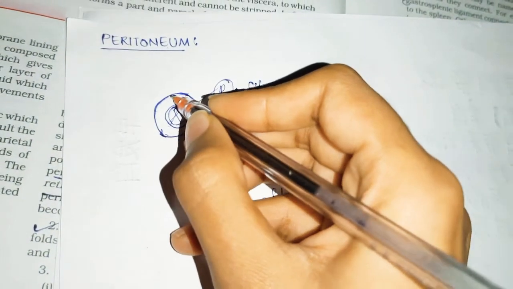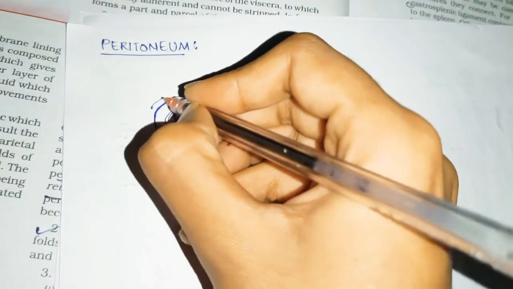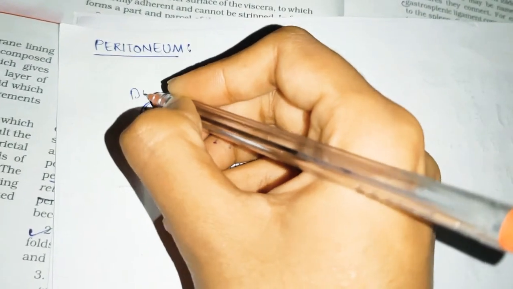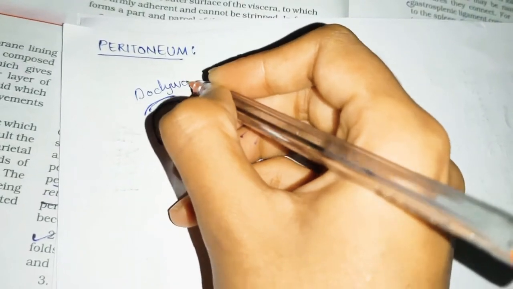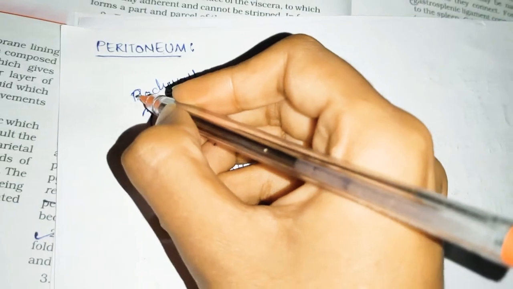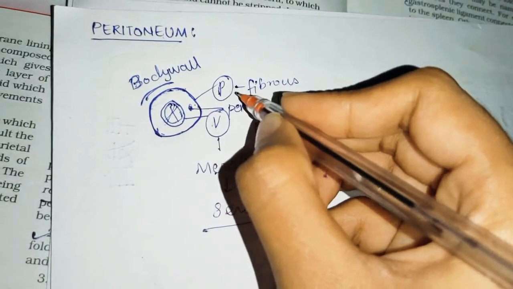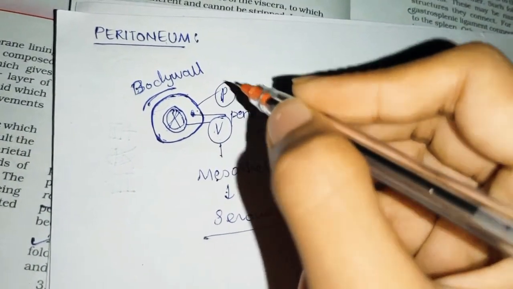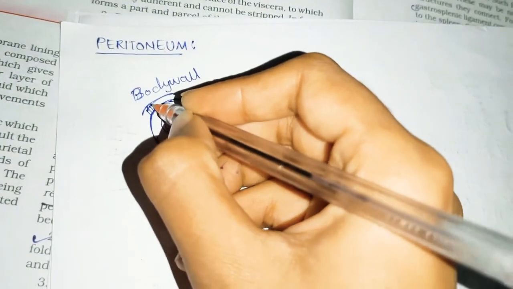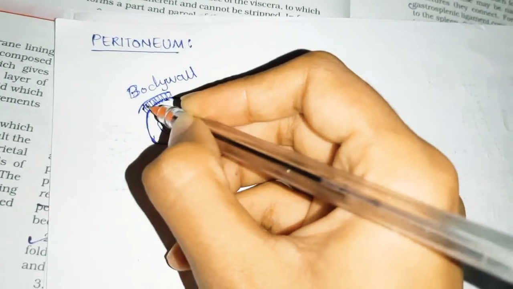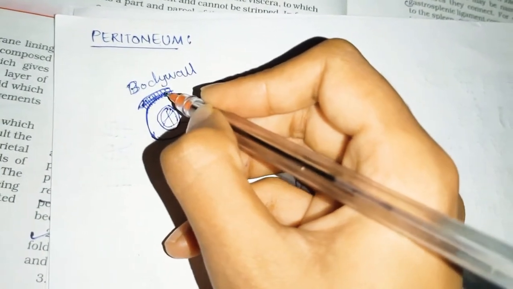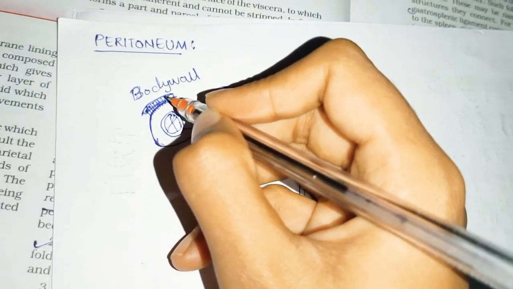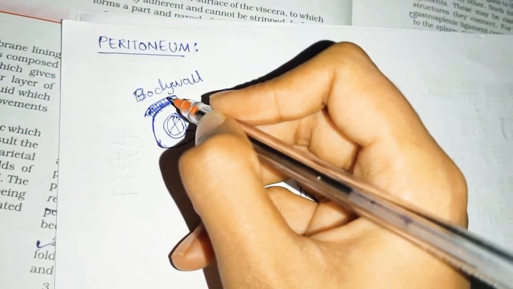For example, this is the body wall. Between the body wall and this outer layer, the parietal peritoneum, there is extraperitoneal connective tissue, and it can be easily stripped away.